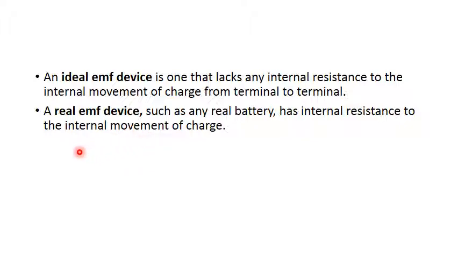While you are solving problems, if I didn't mention anything about the internal resistance, this means you take the internal resistance as 0 and you are talking about an ideal EMF device. But if I have mentioned internal resistance, it means that I want it to be taken into consideration, as we will see in solving a problem like this in the following video.